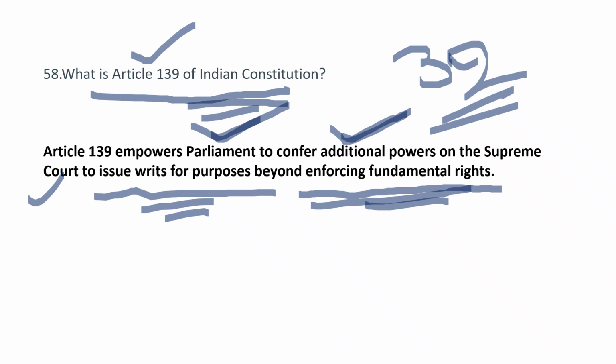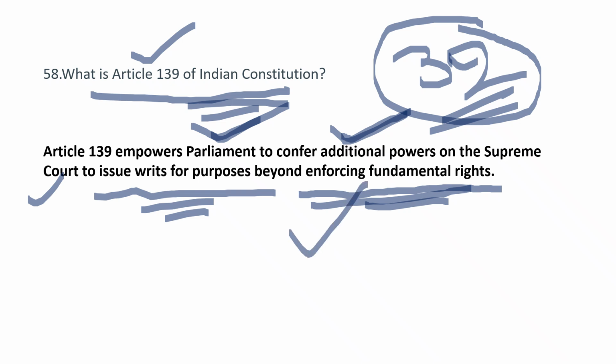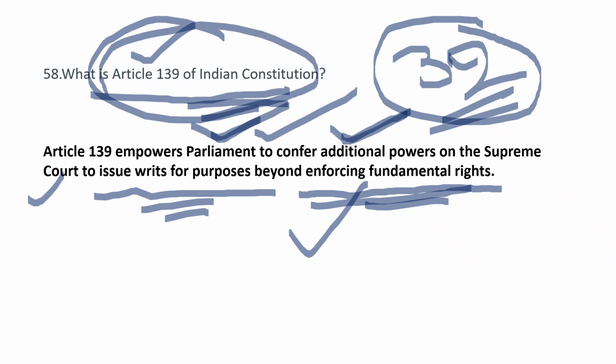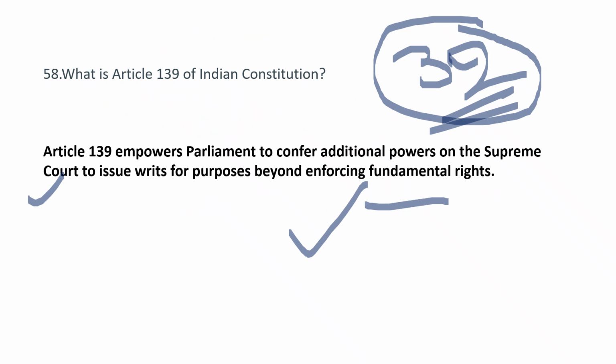For enforcing the fundamental rights, the Supreme Court can issue writs under Article 32, but for purposes beyond that, the Supreme Court can issue writs, and that power is given by the Parliament under Article 139 of the Indian Constitution. Okay, see this again.